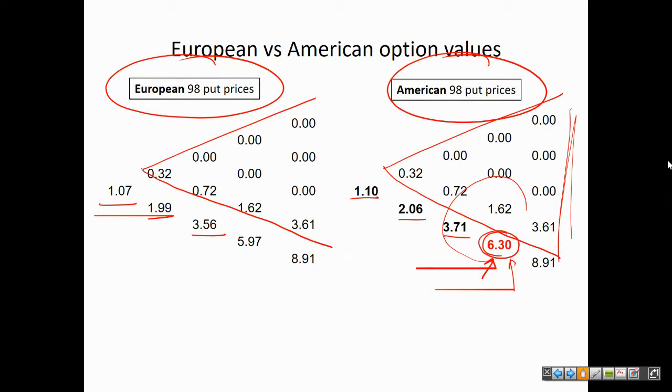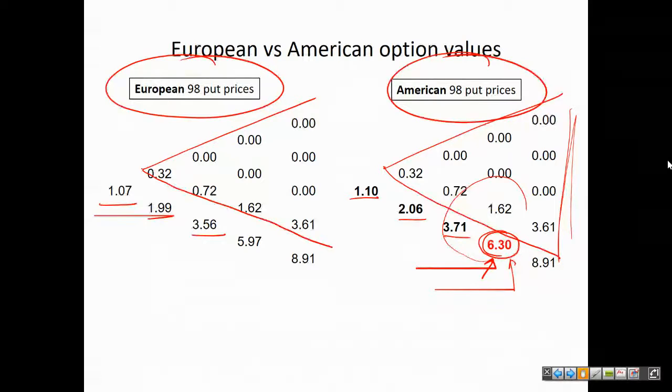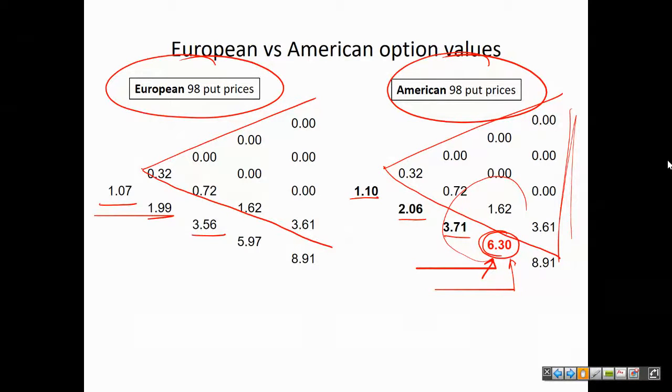The problem is that if you do not have a thin enough tree, clearly you would be underestimating the chances of exercise. And intuitively, it also has an impact on the option value, because the fewer points you check early exercise, the more you'll be potentially underestimating the American option value.